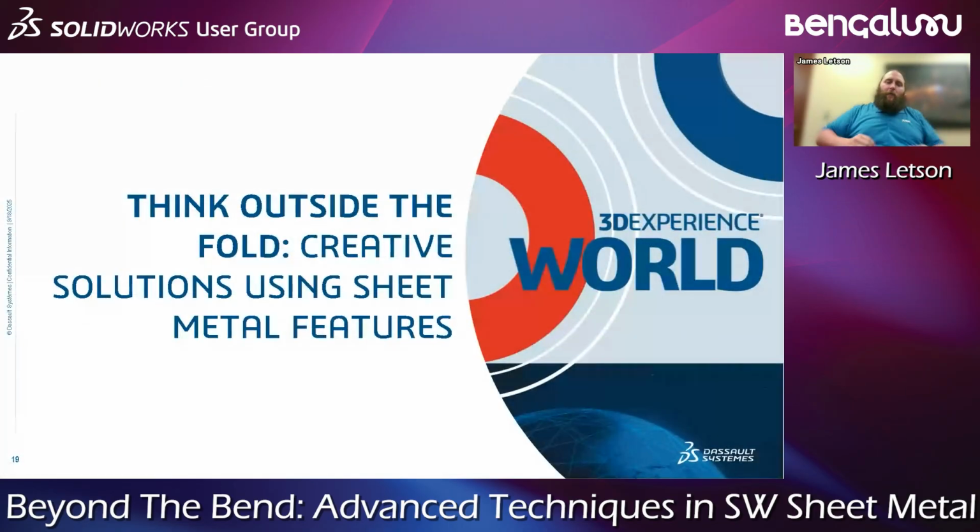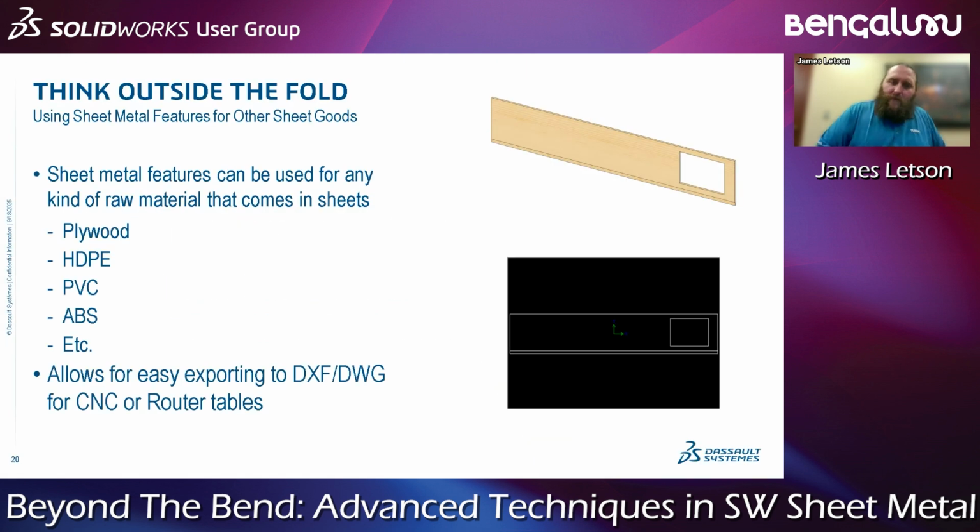The last thing I want to talk about is a section I call Think Outside the Fold, which is just creative solutions using sheet metal features for things that may not actually be sheet metal. The first one is using sheet metal features on other sheet goods, anything that comes in a sheet, like plywood, HDPE, your various plastics.